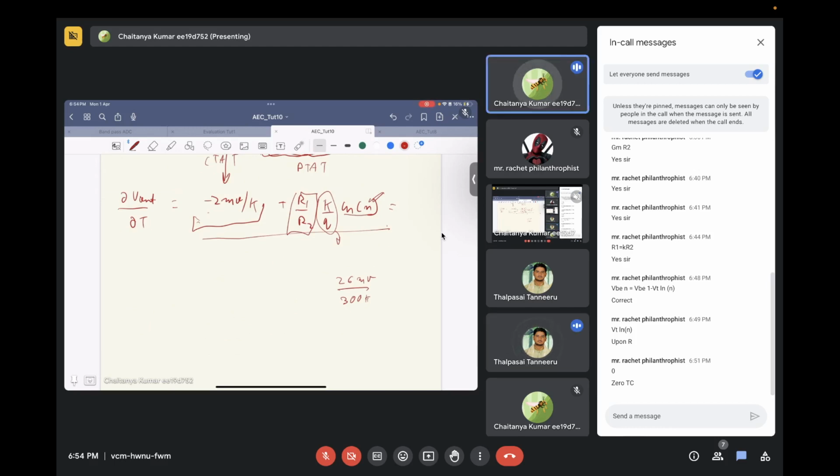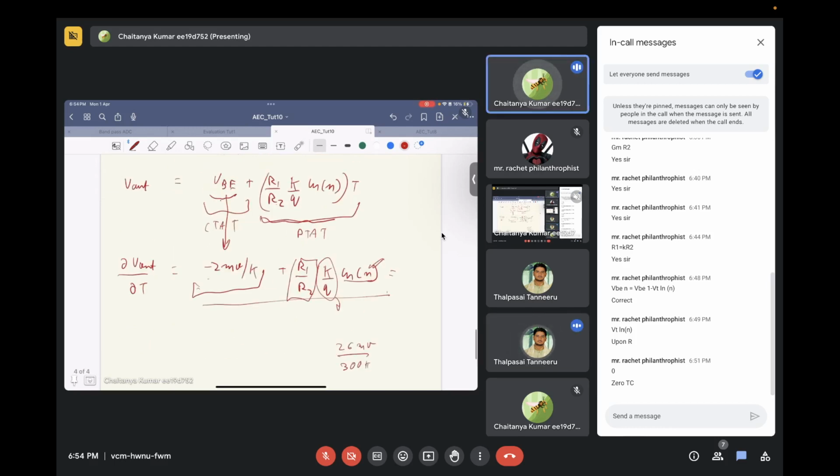Your assumption is that your VBE falls linearly with temperature. Temperature is continuously changing, but the slope of the voltage versus temperature is constant. That's what you assume in this circuit.